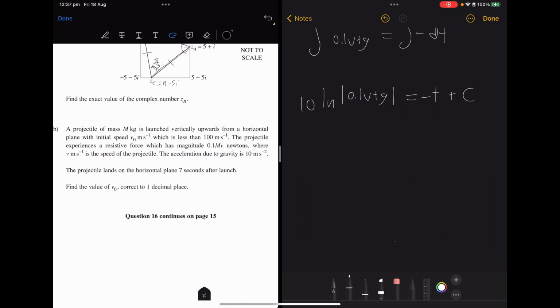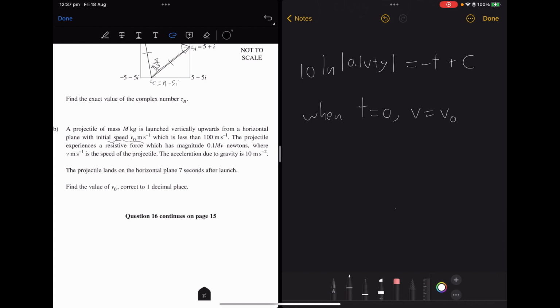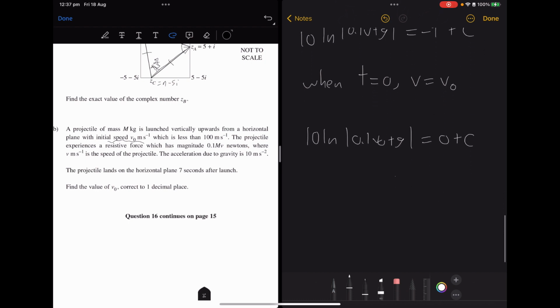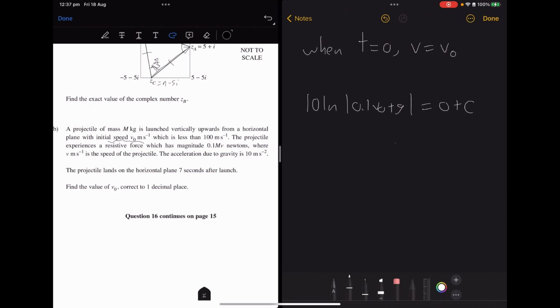Well, we find it when initially t equals 0, we have velocity equal to v0, as it says over here, initial speed. So we have 10 times ln of (0.1 v0 plus g) is equal to 0 plus c. Therefore, this entire thing is equal to c.